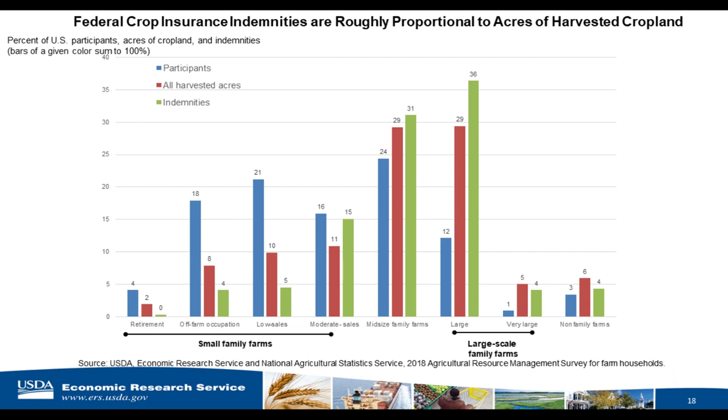So for example, the programs cover cash grains and oilseed farms, and this represents 65% of farms in the federal crop insurance program. Participation in federal crop insurance programs has increased substantially over the last few decades. In 1989, the program covered about 1 million acres, and in 2018, about 300 million acres were covered.